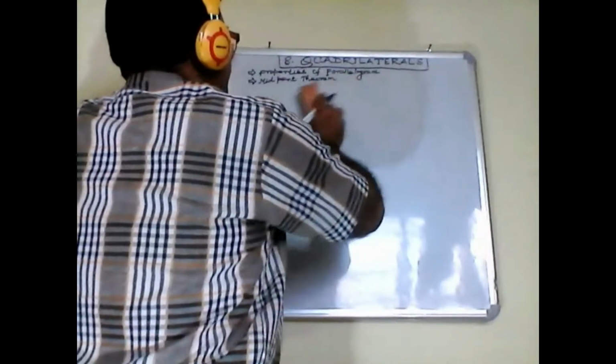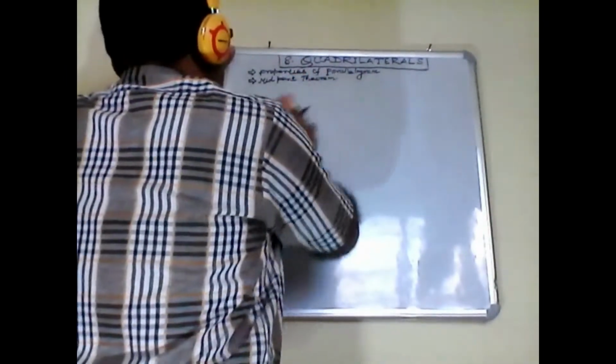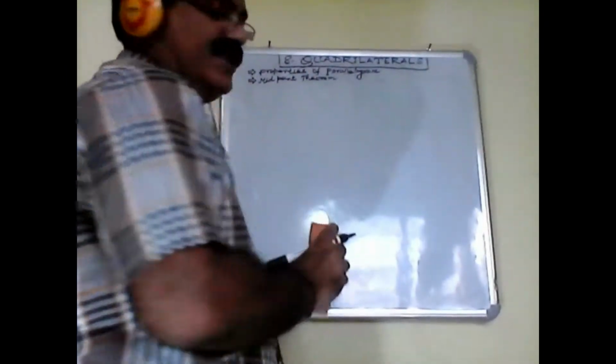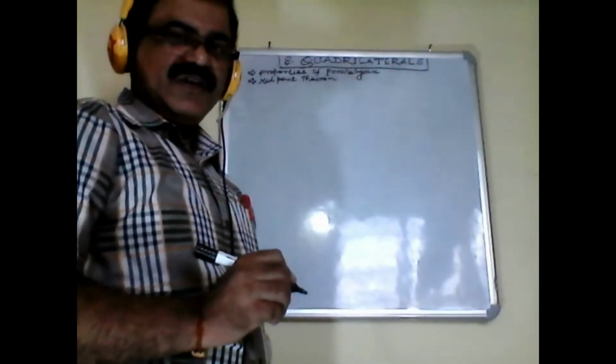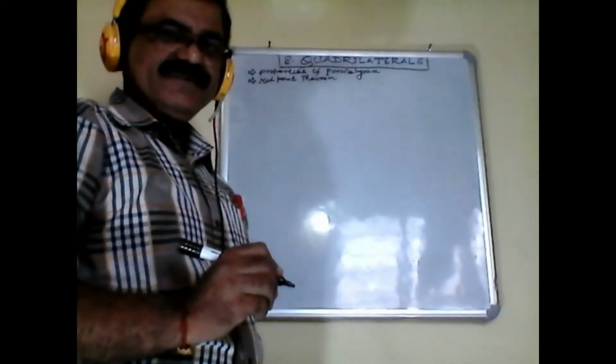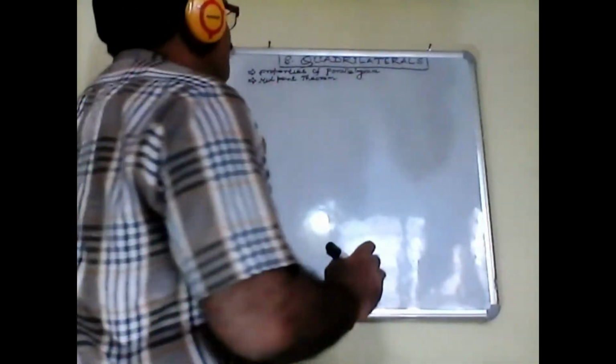First, in any quadrilateral, the sum of all the interior angles should be 360.